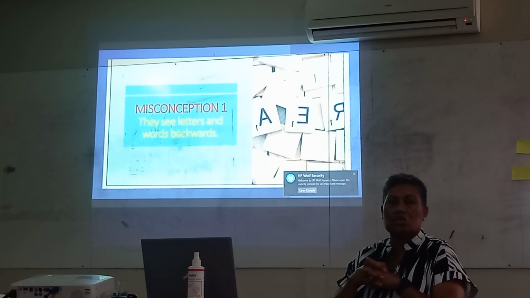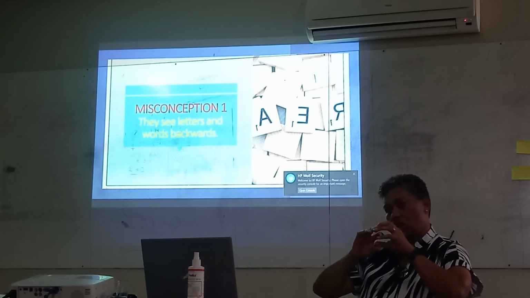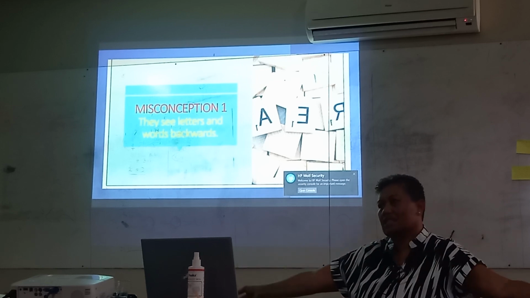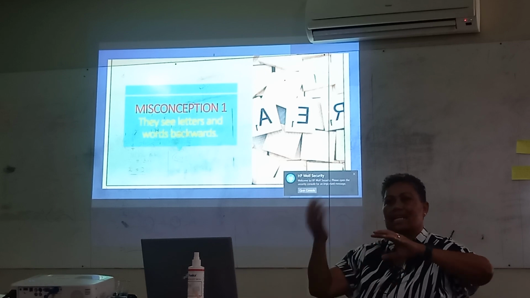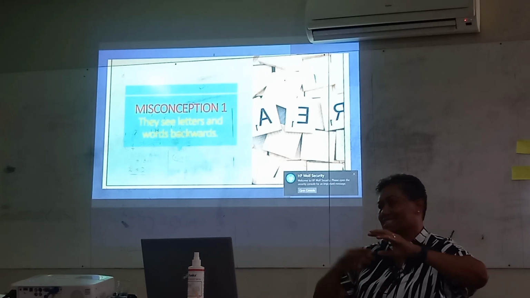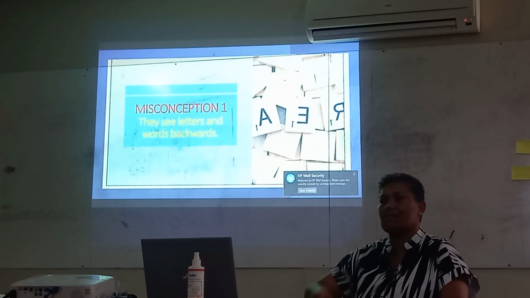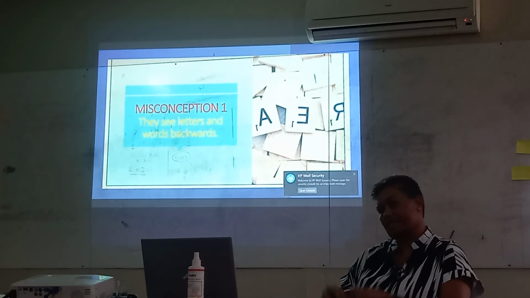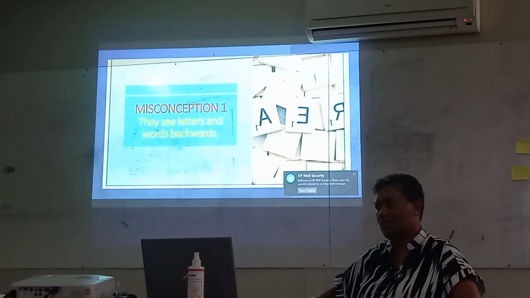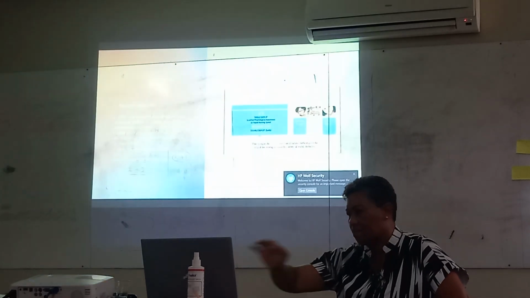Because even children who are learning to read go through this, the P and the Q, the B and the D. But often we think that just because a child has difficulty with this, it is dyslexia. We don't realize dyslexia has many more layers to it. It's much more than that. Sometimes we scratch at this little thing and say that the child has dyslexia.